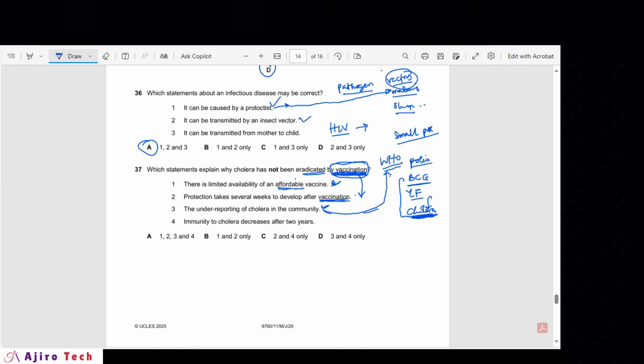Protection takes several weeks to develop after vaccination, which means one could have been sick of cholera and, of course, transmitted the pathogen. Immunity to cholera decreases after 2 years. This could also be a factor why it has not been eradicated.